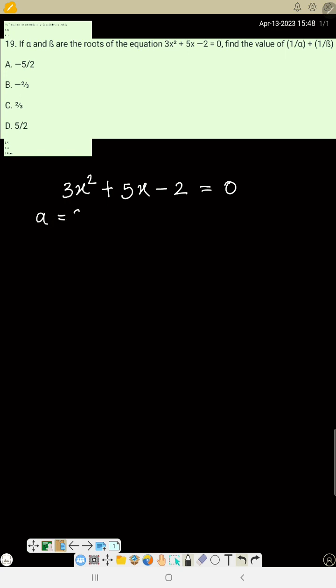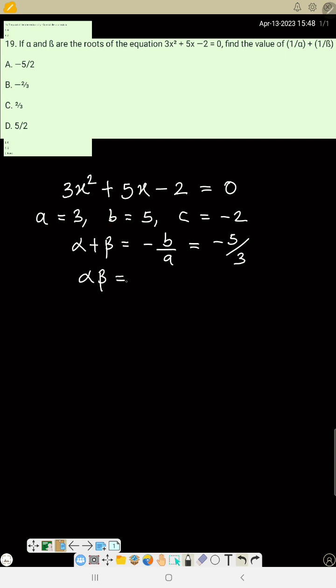Here a is equal to 3, b is equal to 5, c is equal to minus 2. So alpha plus beta equals minus b over a, so alpha plus beta is minus 5 over 3. And alpha beta is equal to c over a, so that is minus 2 over 3.